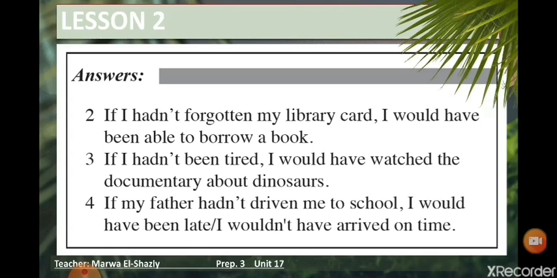So not being tired wasn't an option, so here he couldn't watch the documentary about dinosaurs. 4, if my father hadn't driven me to school, I would have been late, or I wouldn't have arrived on time. So being on time was due to the fact that the father had driven this person to school.